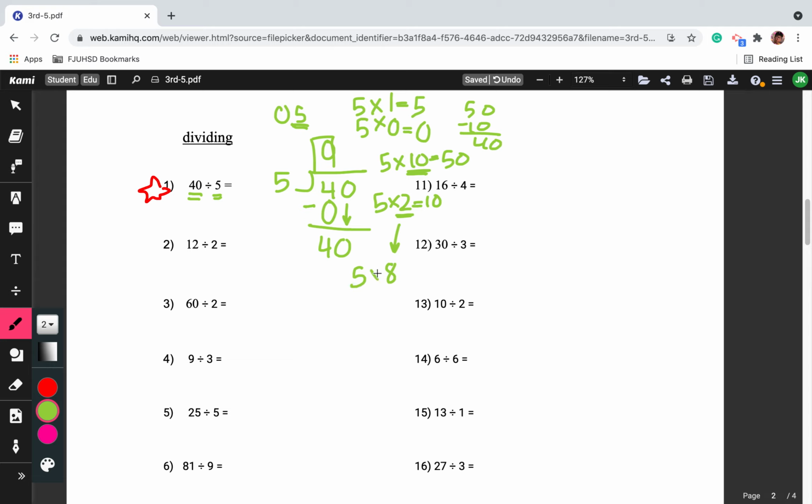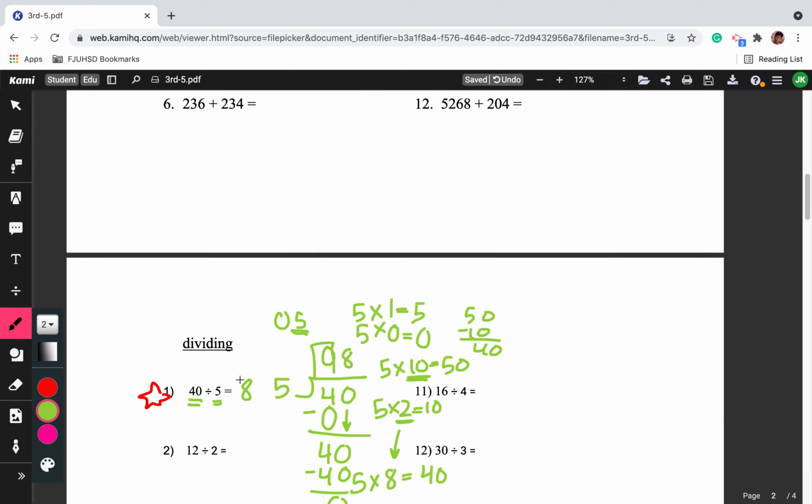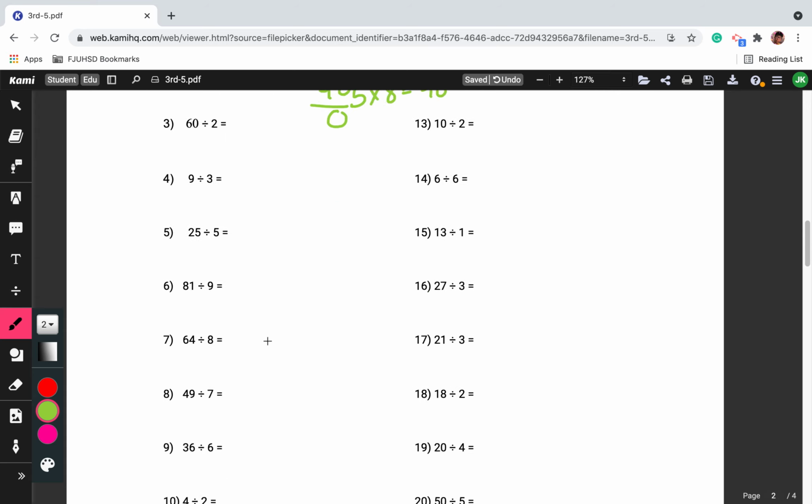So let's try that. 5 times 8 is 40, and that looks correct. So just to make sure, 5 times 8 is 40, 40 minus 40 is 0. And if there's no remainder, that means this fully divides out. Okay, but also remember to box your answers.